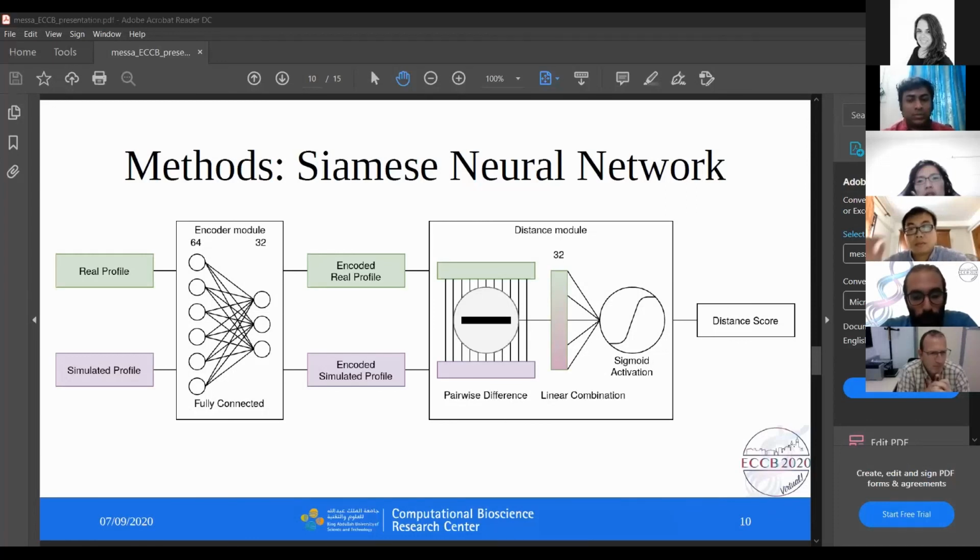The simulated data are quantitative since they come from a simulation with actual values, and the real data are quantitative again, because we use the values in the profiles instead of the up or down that comes from the difference. To compensate for this, the idea was to use the neural network, because otherwise it would be quite hard.